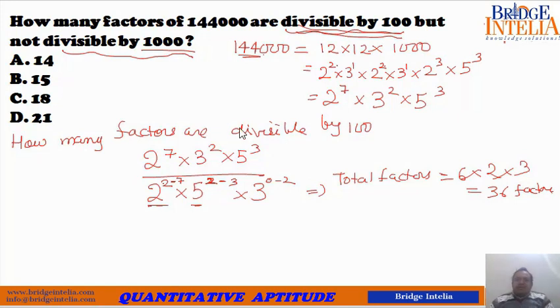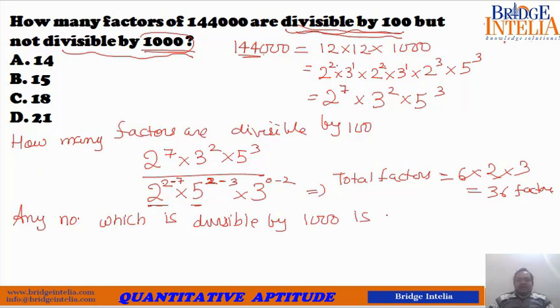Now understand something. Any number which is divisible by 1000 is definitely divisible by 100, because 100 itself divides 1000. It means all those factors that are divisible by 1000 are already present in these 36 factors.